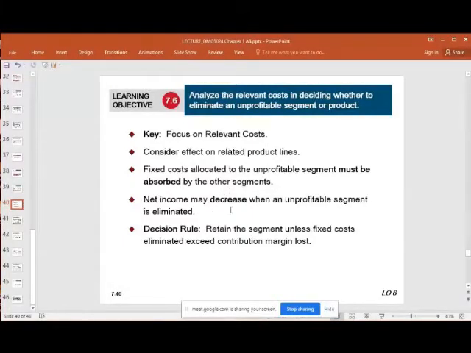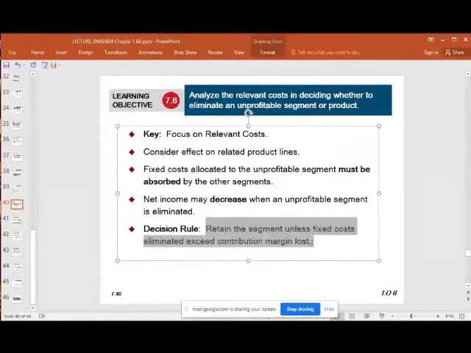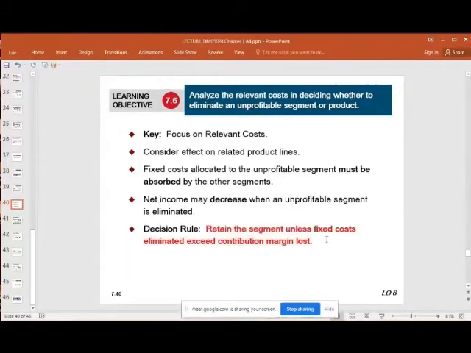Net income may decrease when an unprofitable segment is eliminated. So this is the decision rule: retain the segment unless fixed cost eliminated exceeds marginal contribution margin lost. Okay, what it means is this.